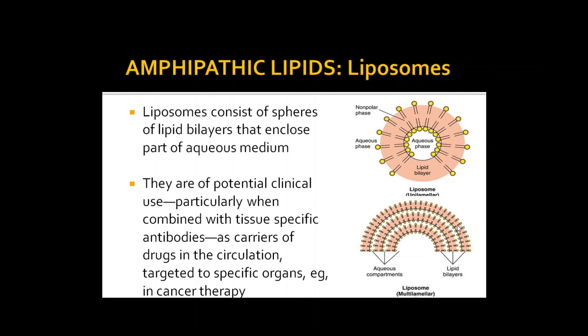They work as carriers of drugs in circulation targeted to specific organs, such as in cancer therapy. When there is a single lipid bilayer, it is called unilamellar liposome. When there are multiple lipid bilayers present, it is called multilamellar liposome.